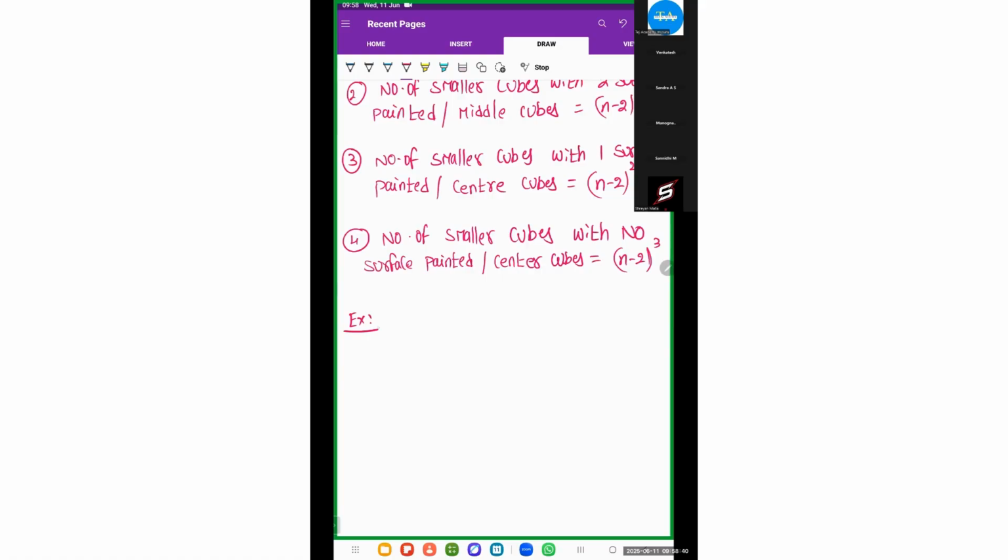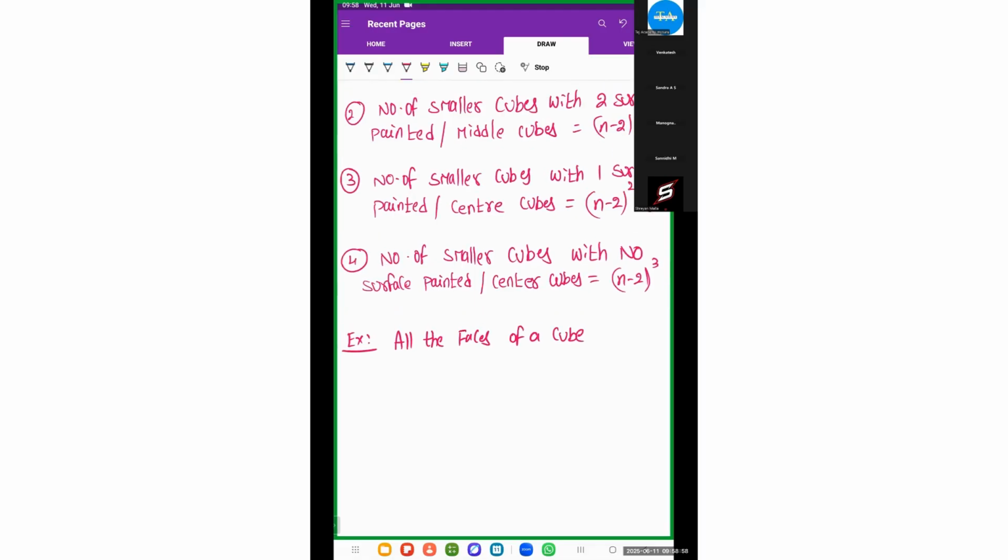All the faces of a cube are painted with a blue color.